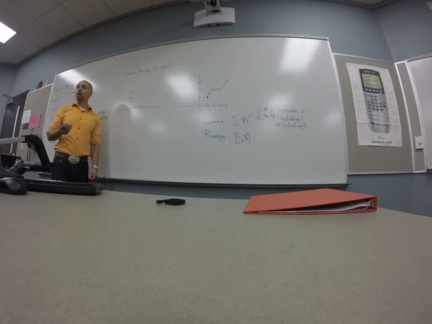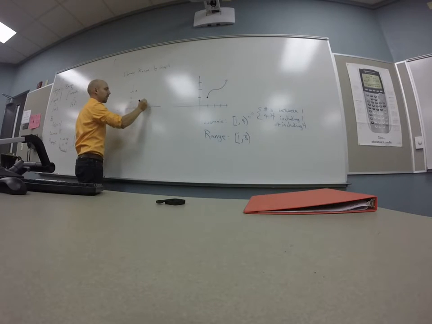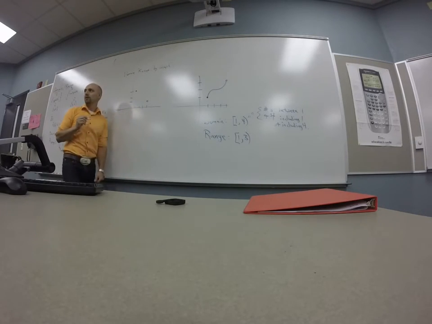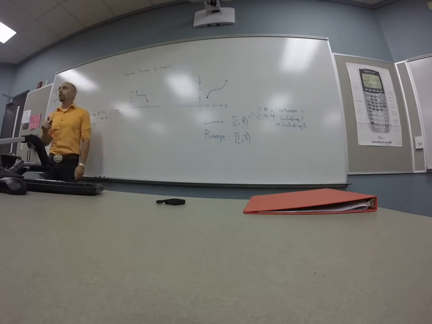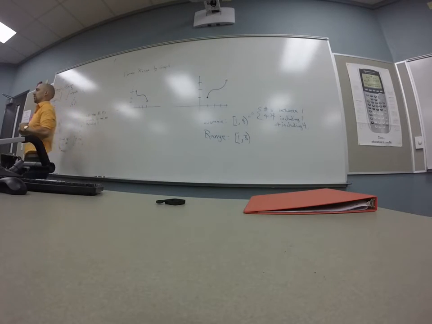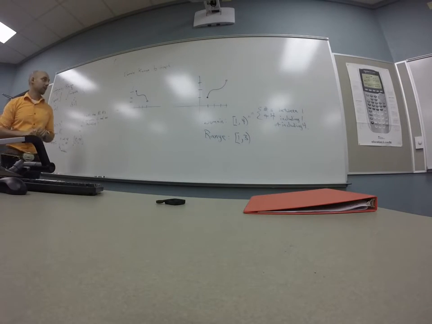So I would like 1 to go someplace and 4 not to. So let me try this. First, is this the graph of a function? Yes. Because it passes the what? That's the vertical line test, right? Okay, so this is in fact the graph of a function.